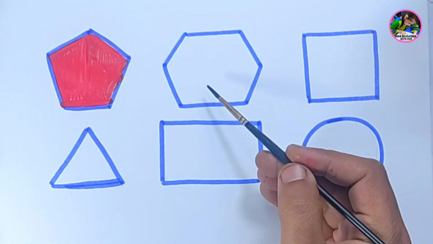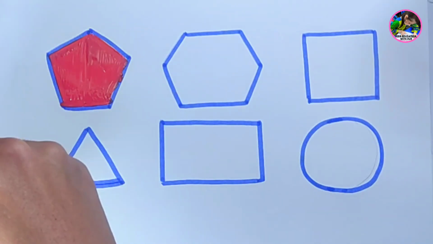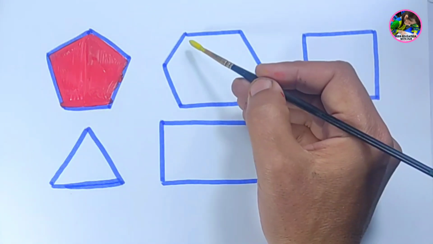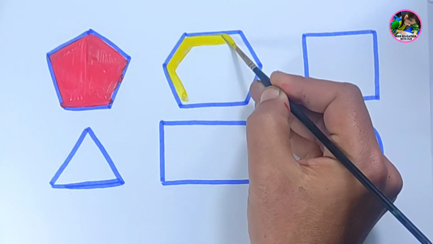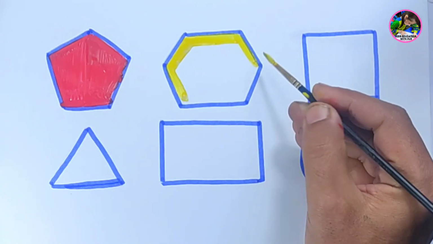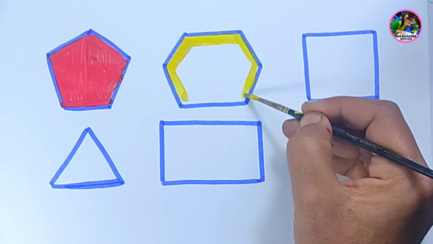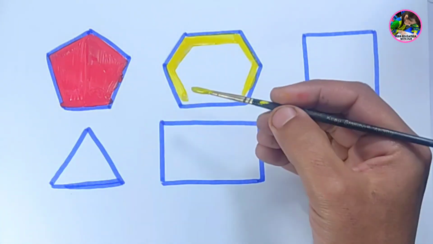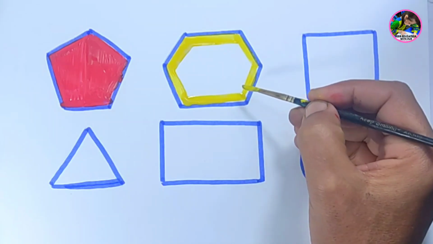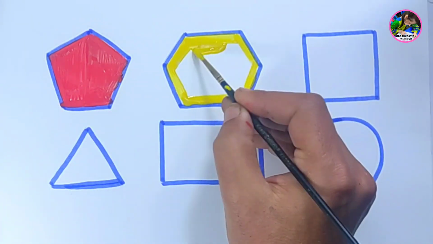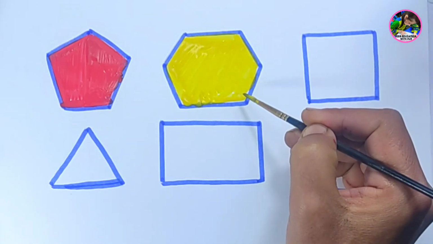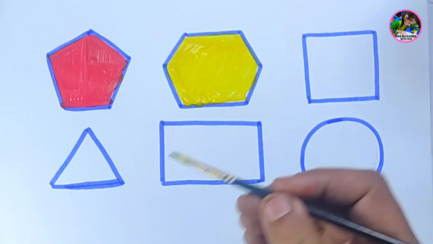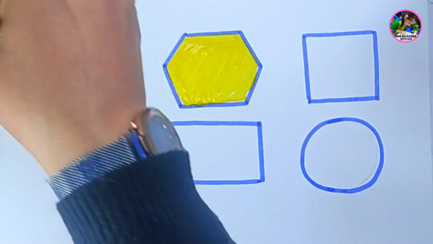Let's choose yellow color. Yellow color, hexagon. Let's choose dark green color.